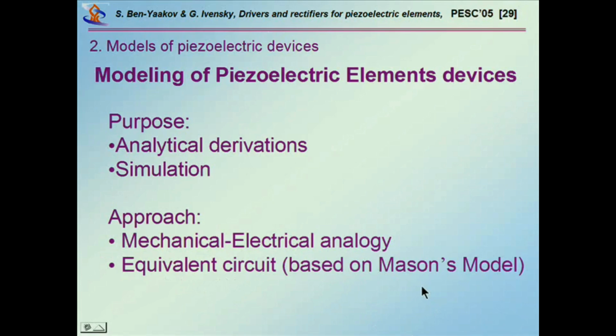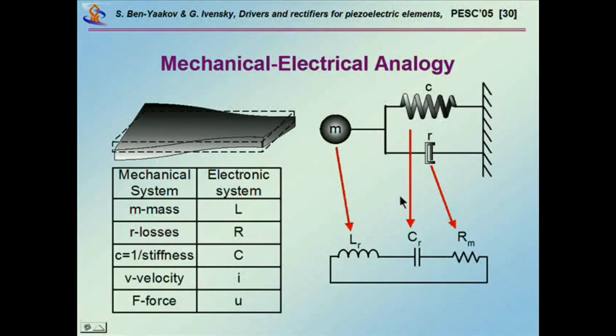He was the one that actually proposed this approach. And what we do basically is translate the mechanical second-order system, which can be written as a second-order differential equation, of course. And we just translate the coefficients to electrical parameters. And the normal way of doing it is to translate mass into inductance.